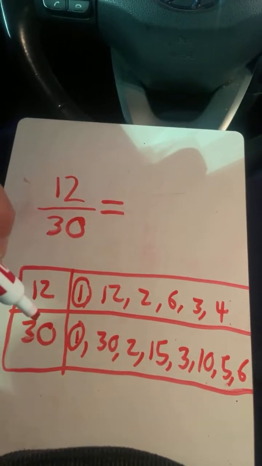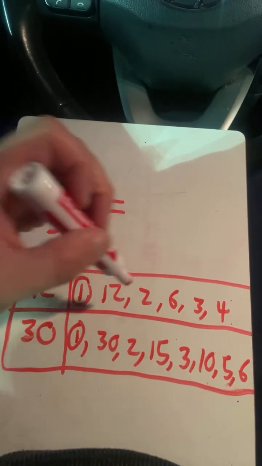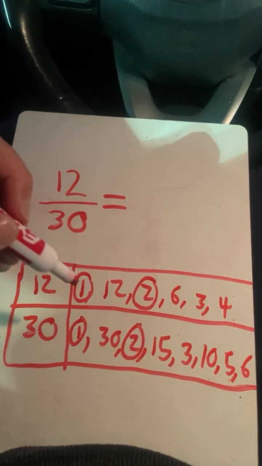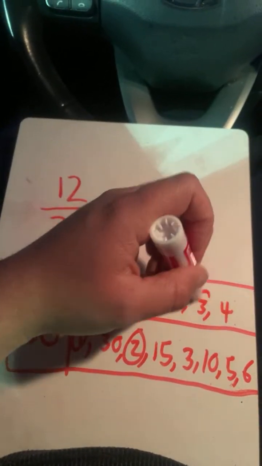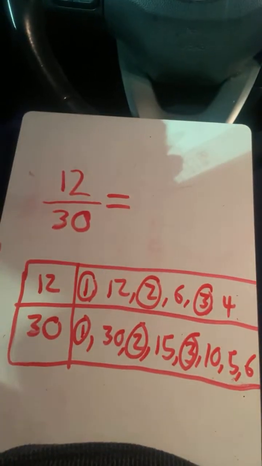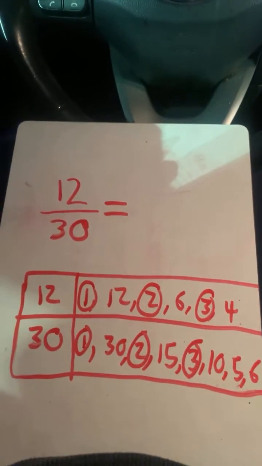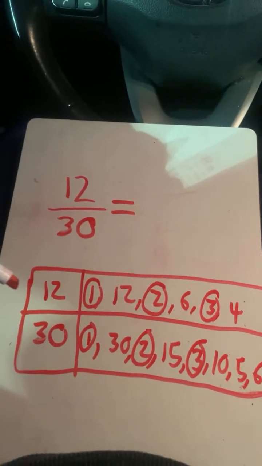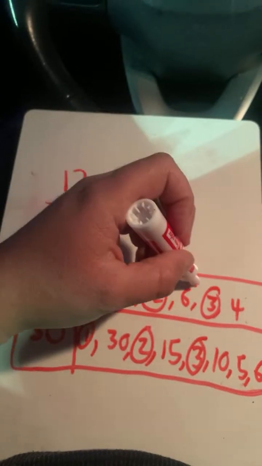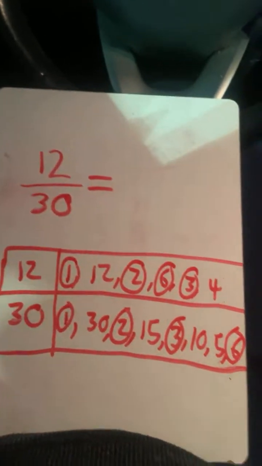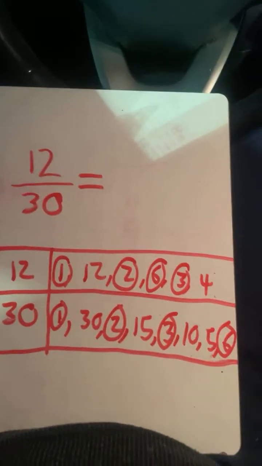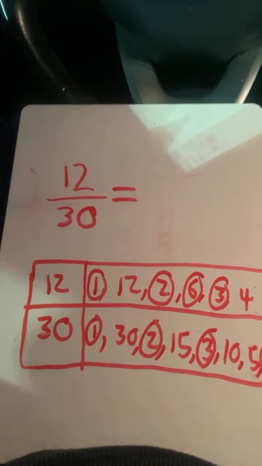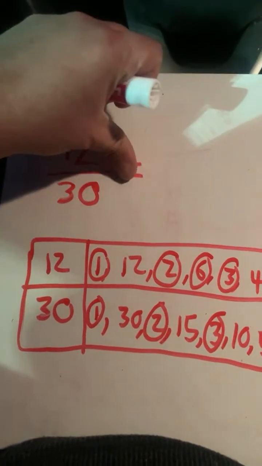So 1 is a common factor between the numerator and the denominator. 2 is a common factor. 3 is a common factor. 10 would be a factor of 30, but not a factor of 12. And 6 is a common factor. So the greatest common factor between 12 and 30 would be 6. So that's what we're going to divide by.